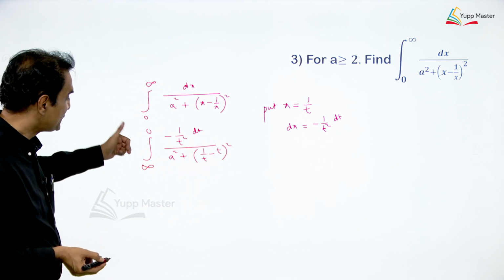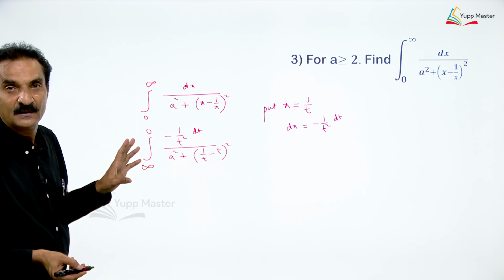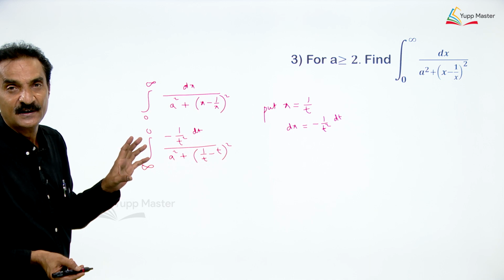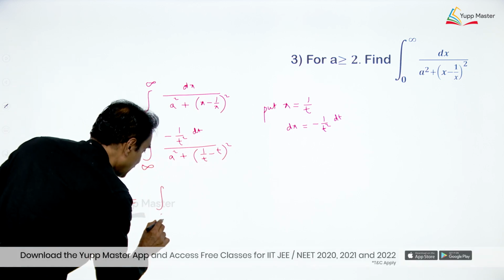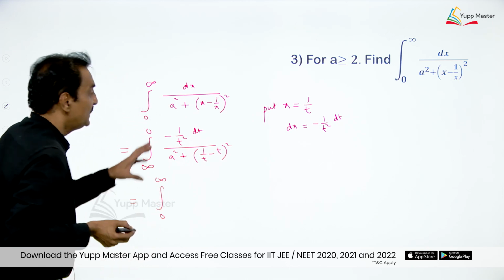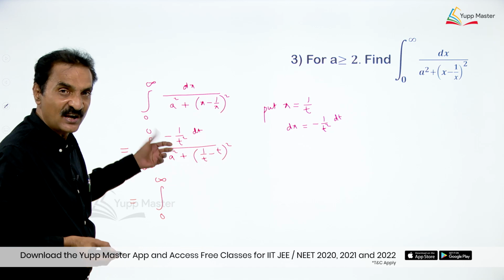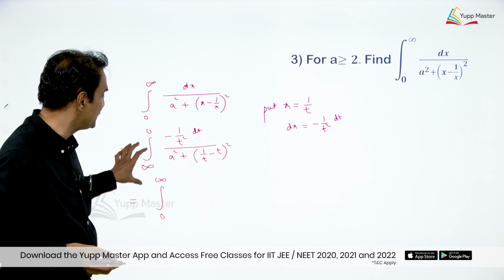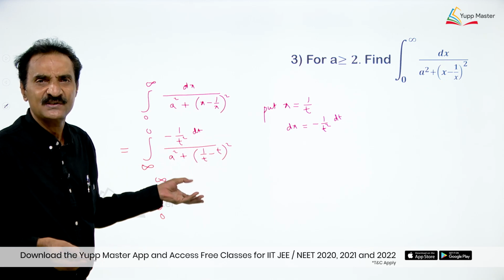Now, we can interchange the limits and remove this minus sign. Okay. If you interchange the limits of a definite integral, the sign will change. So, it will become integral 0 to infinity, and also in any definite integral we can change the variable directly without changing the limits, without changing the function. We can change t into x or y or z.